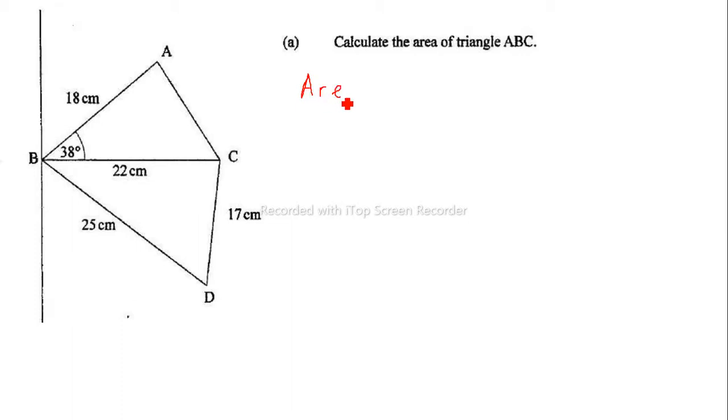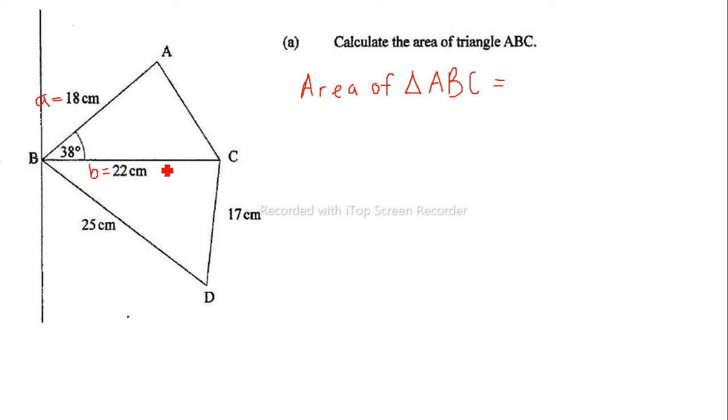So area of triangle ABC is going to be equal to, so we're going to call this one A, we're going to call this one B.